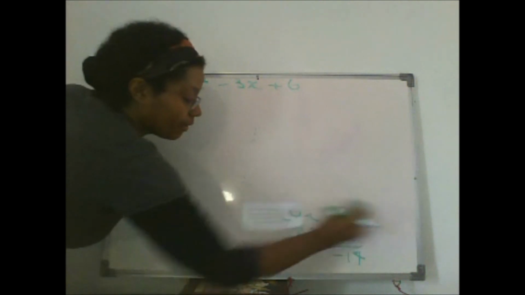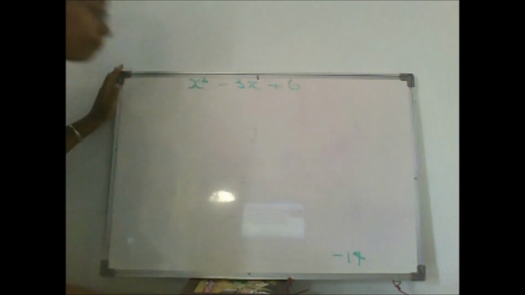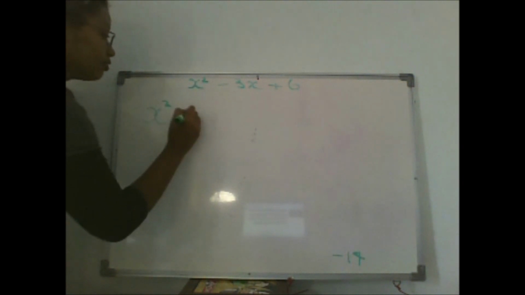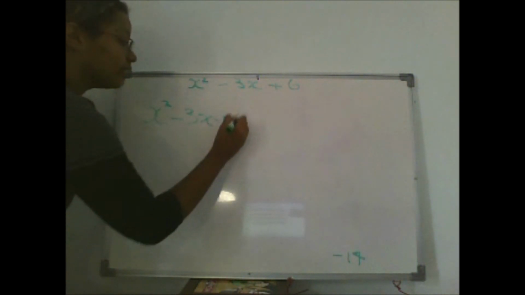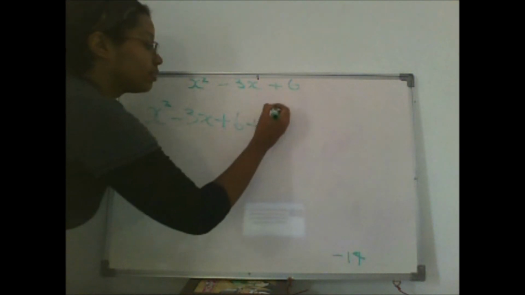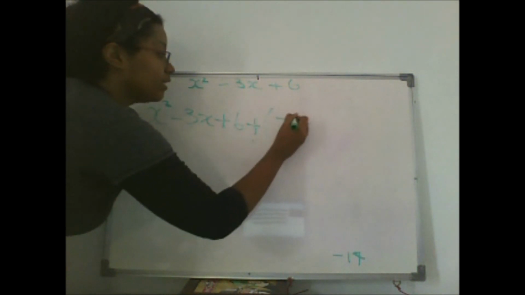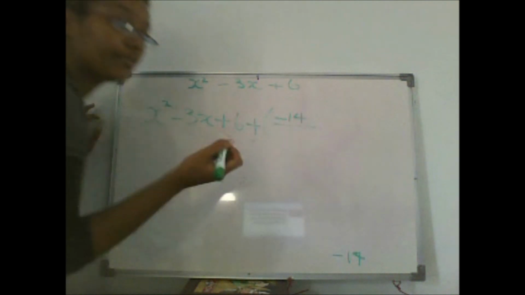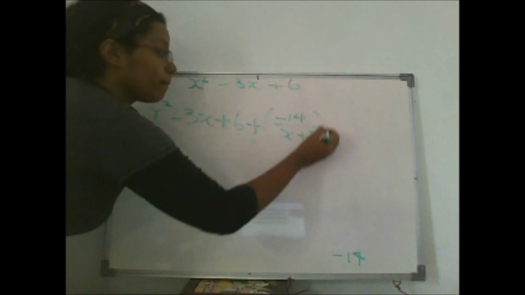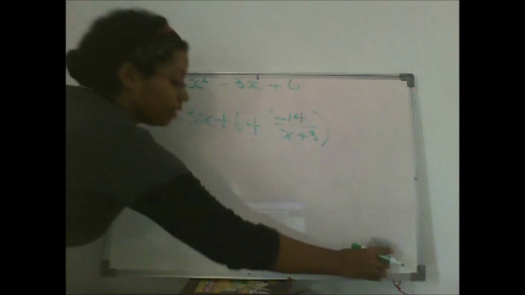So the answer is x squared minus 3x plus 6, and we can put plus negative 14 over what we're using to divide. So it's x plus 3. There you go. Keep life simple.